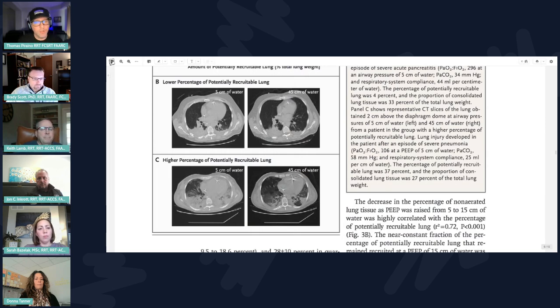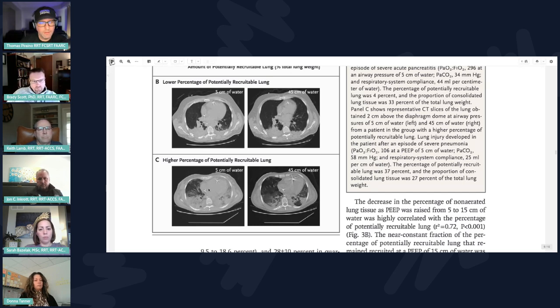Yeah, and I think one of the points you made last time was that if you had two different patients, like patient B in the upper portion, where the amount of collapse, whether you're on 5 centimeters of water or 45 centimeters of water, is similar, therefore PEEP may not be as beneficial. But if you put the same tidal volume in the patient above that you did in the patient below, even if they were the same ideal body weight, clearly there's a lot less space in this baby lung here. However, this patient also has some potential for recruitment when you apply PEEP.